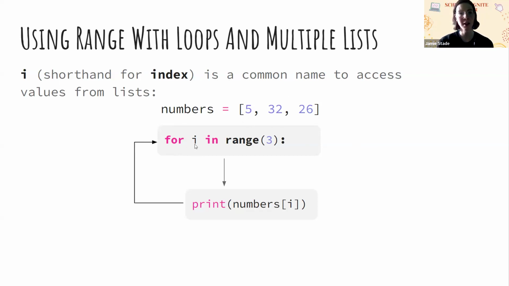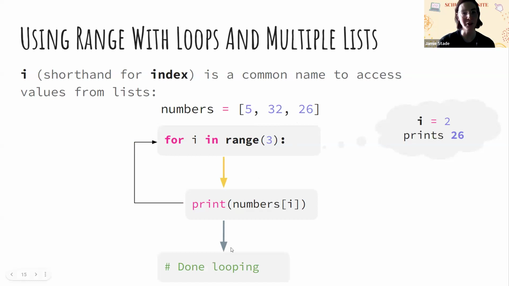We could go for I in range 3, if we know there's 3 items, and then for each item in that list, we're accessing it with its index, starting with index 0, then 1, then 2. So if I equals 0, access 5, print 5. Then I equals 1, access 32, print 32. Then I equals 2, print 26. Then go on to whatever's next.